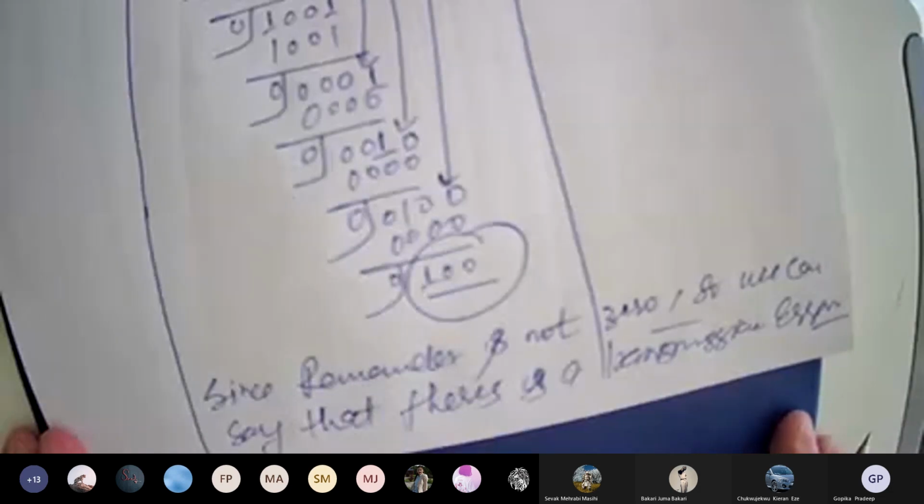Understood? Everybody understood? How will you check whether a transmission error is there or not?